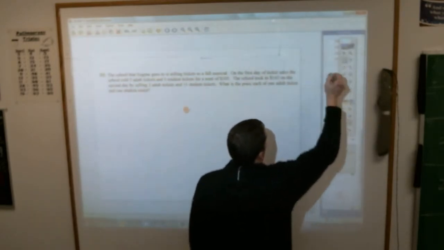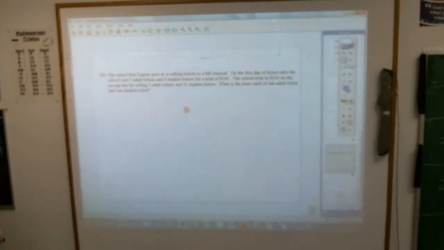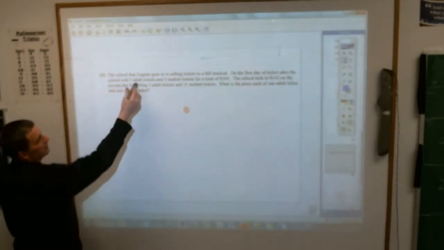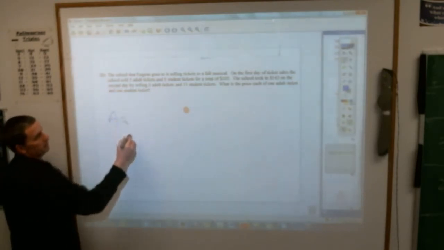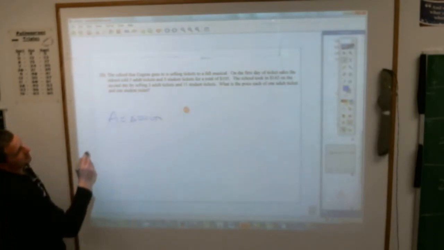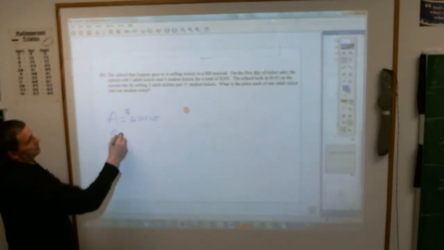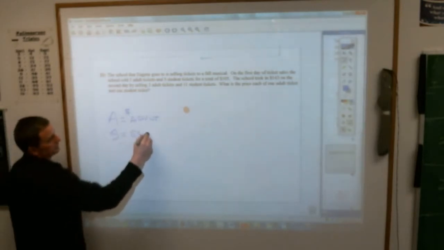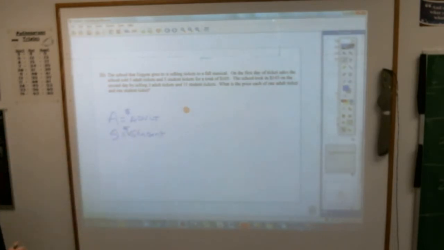Alright. Step number 1, Sammy, is to define what variables you're looking for. You've got adult tickets and student tickets, so adult I would put as the letter A. You were asking how much they cost. It's the price of an adult ticket, and S would be the price of a student ticket. And then make two equations from that.